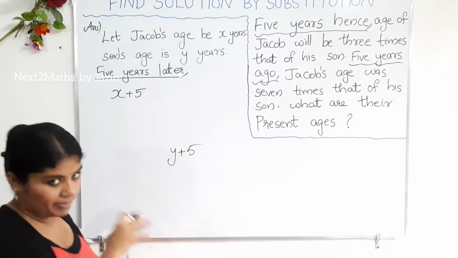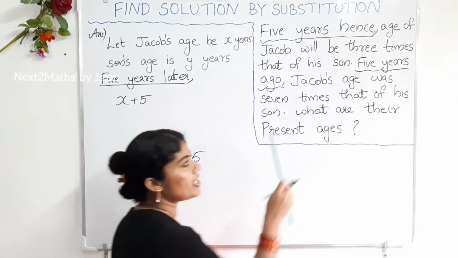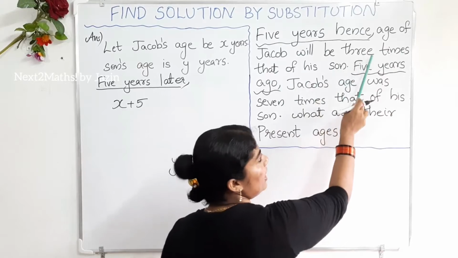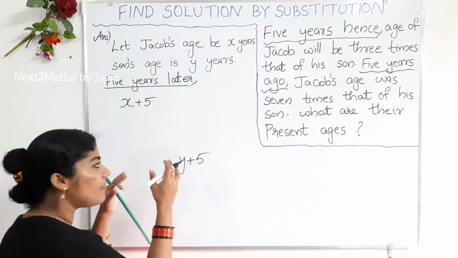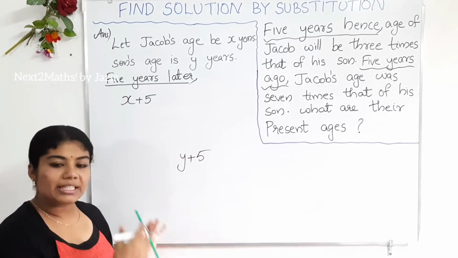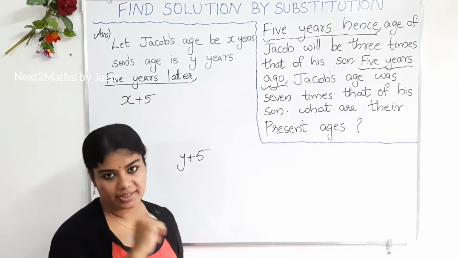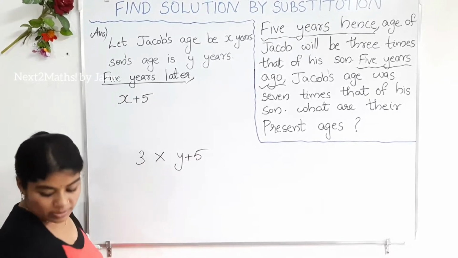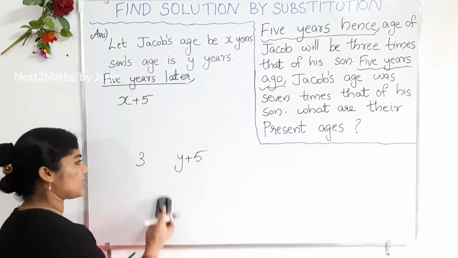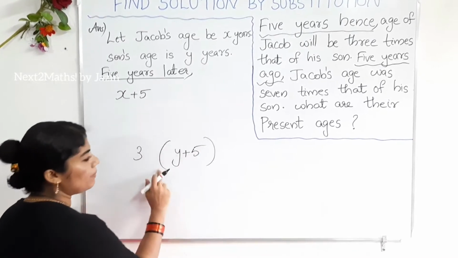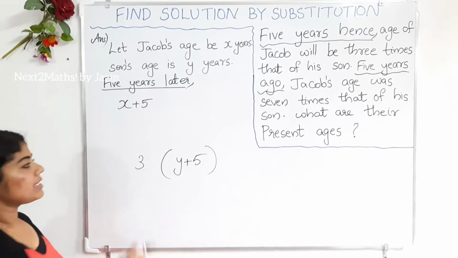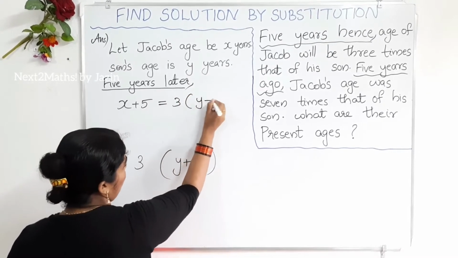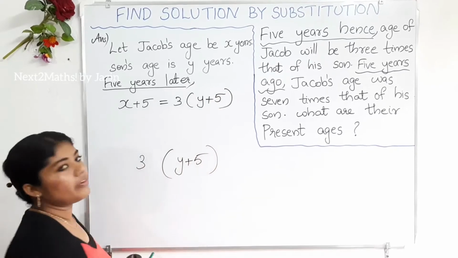Then in the question it is written 3 times that of the son's age. 3 times means the value y plus 5 multiplied with 3. Don't write the multiplication sign, you can give a bracket. So 3 multiplied with y plus 5, that you have to write here.